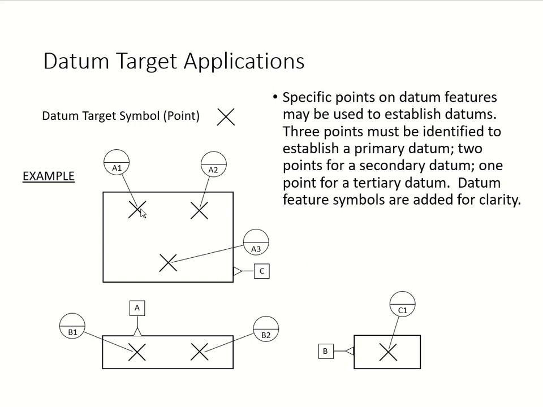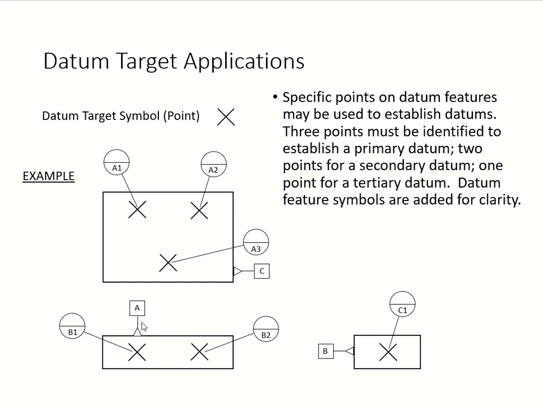Application point, we're going to put it into the example like this. So I have 1, 2, 3, A1, A2, and A3. And that's your datum target symbols for the points. And here is my datum right here, another datum C. So here we have datum target symbol, and this is your datum feature symbol for the surface.